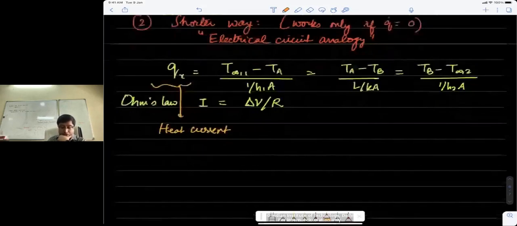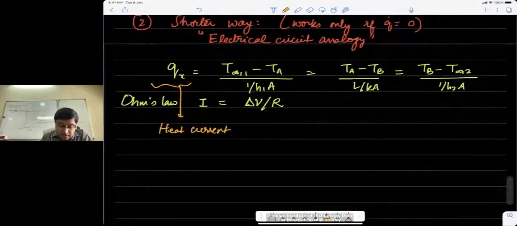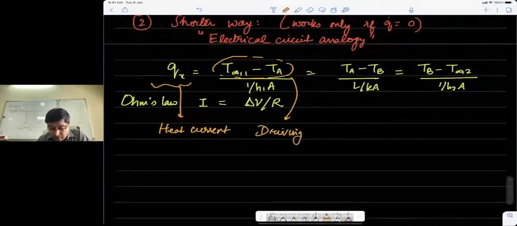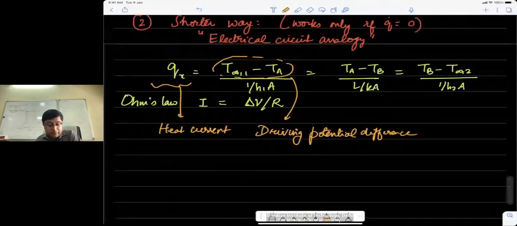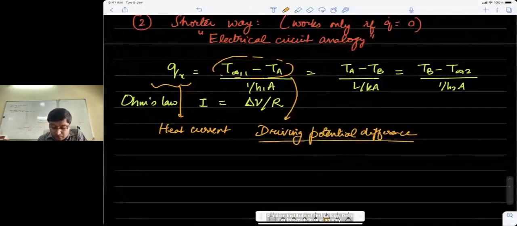T infinity 1 minus Ta is sort of like a potential difference. It's a potential for the flow of this current, the driving potential difference for the flow of current. So clearly, if the left hand side has a current and the right hand side has a potential difference, the denominator should be some resistance to transfer of heat.